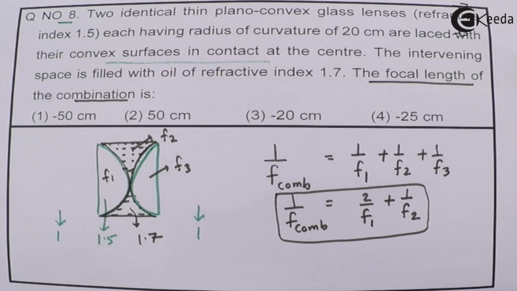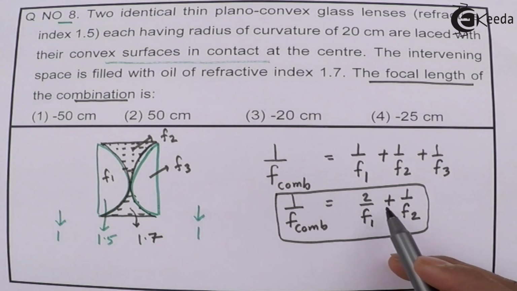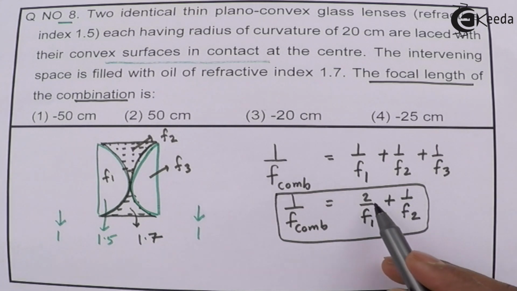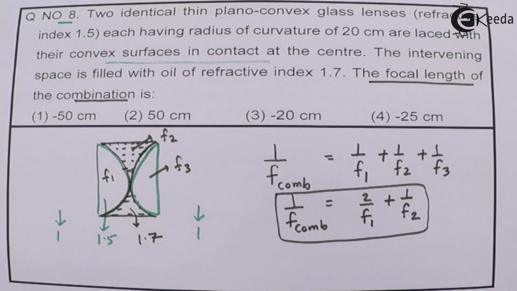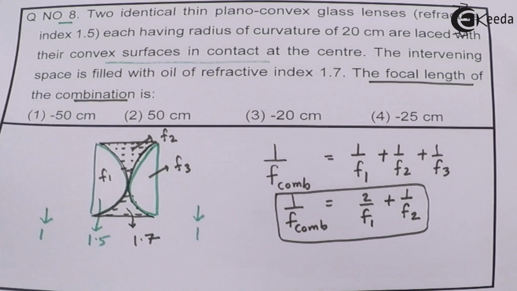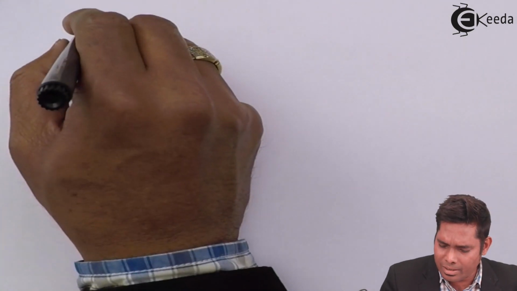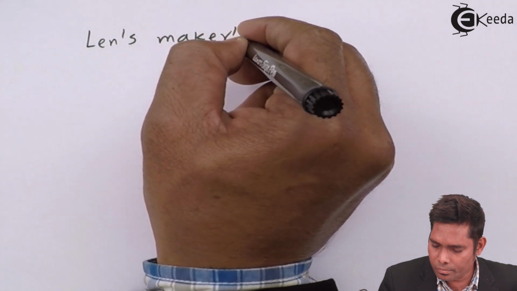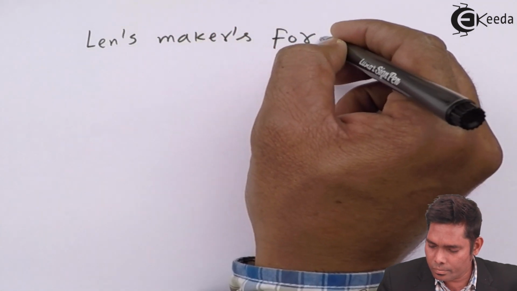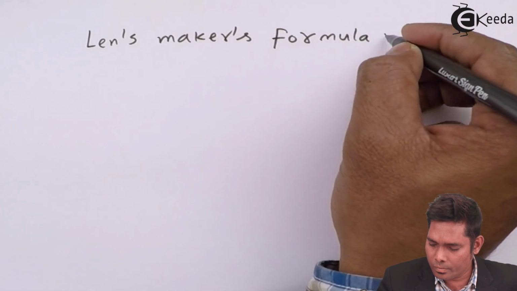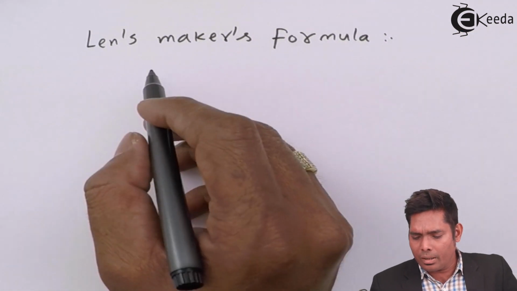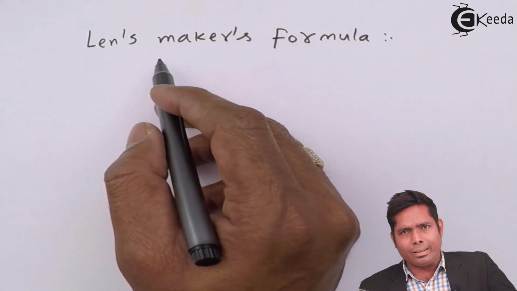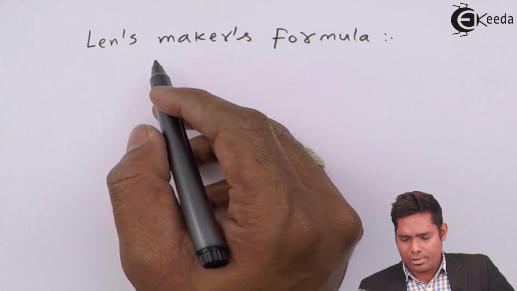Now to do so, we have to find the focal length by lens maker's formula. What is that lens maker's formula? It is used to find the focal length of lens.